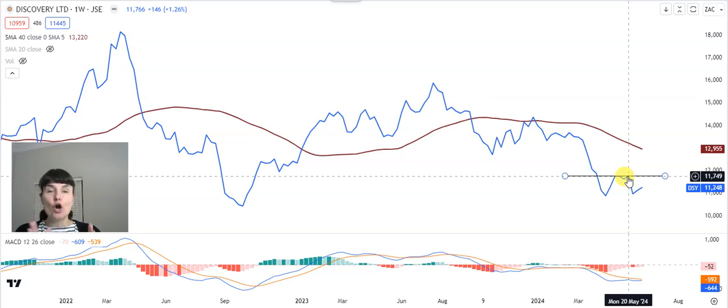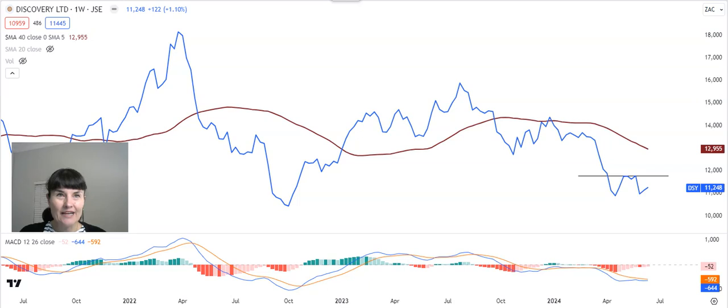And remember, these are weekly graphs. In other words, the share price needs to close above that on a Friday close, and then you make your decision on the Monday. Double bottoms, triple bottoms, inverse head and shoulder formations, cup and handle formations are all positive formations that hint that the negativity is behind us, and this might be the new start for some upside on Discovery.